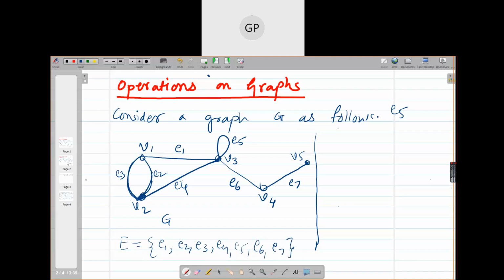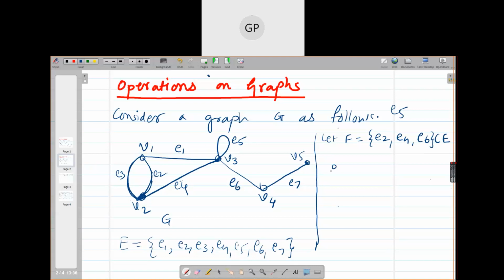So let us consider a subset of E, F. Again I am taking, let me take all even numbered edges: E2, E4, E6. So this is a subset of E, right?